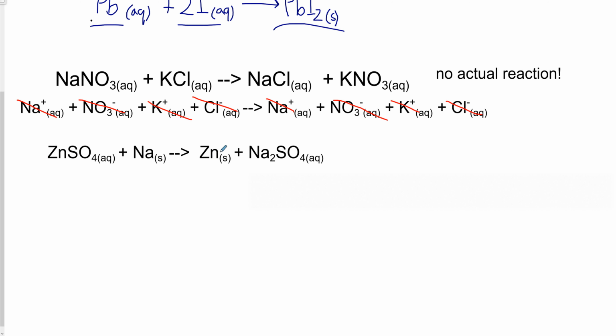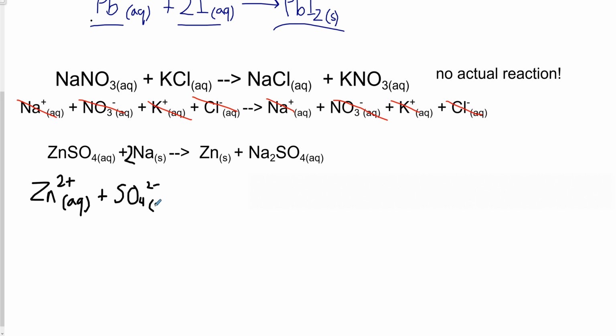We have 2 sodium, so we're going to have to throw a 2 out front there. Now we're good. So we have our ionic equation. We're going to break all of our stuff down into ions, which remember is called dissociation. So Zn 2+ aqueous. We have an SO4 with a 2- charge. That guy is aqueous.